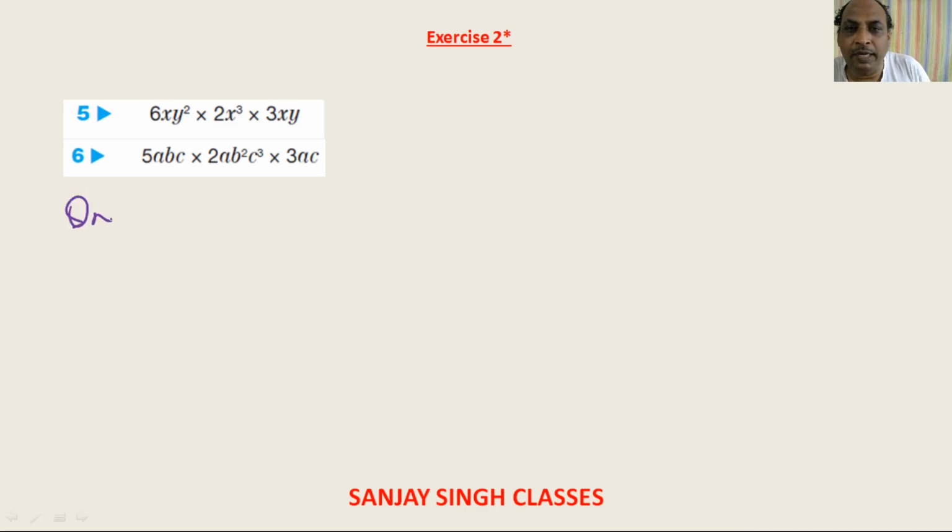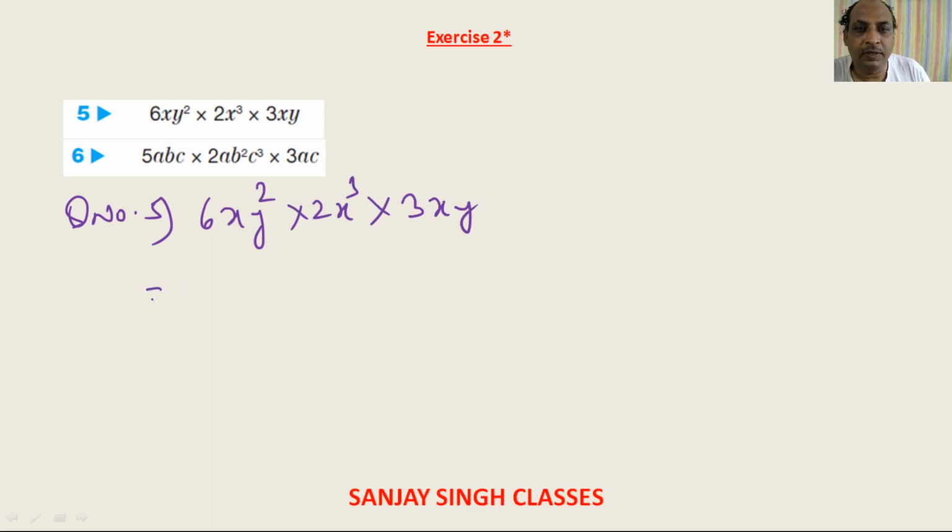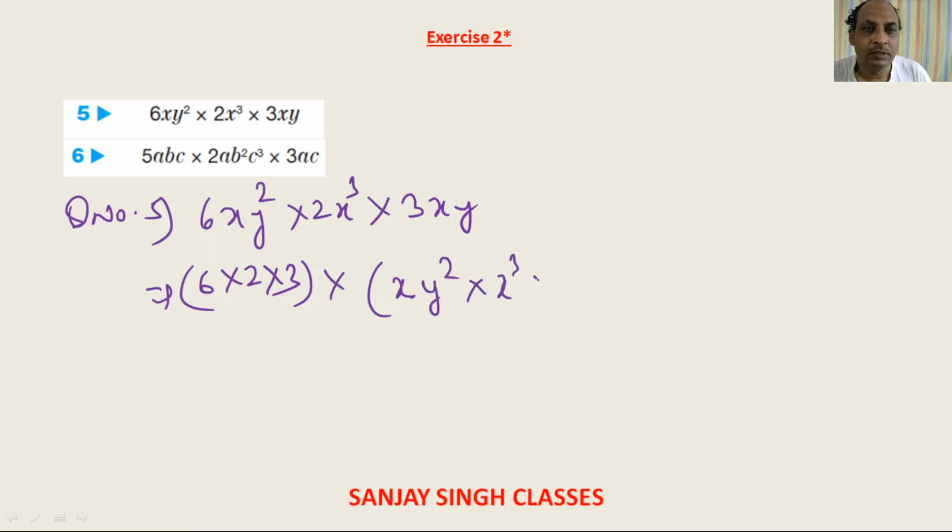Question number 5. 6xy square into 2x cube into 3xy. Now in this case, 6 into 2 into 3, then xy square into x cube into xy.